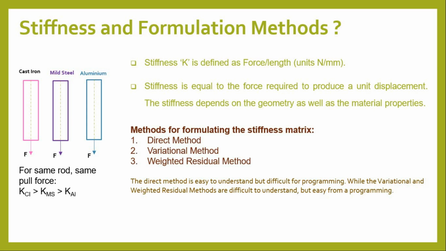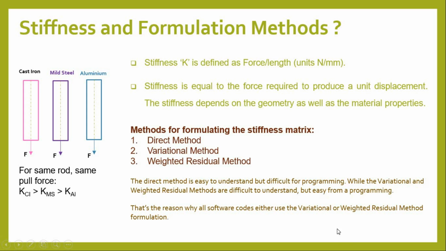So we need to think about which method is more suited. The reason is that all software codes use either the variational or weighted residual method formulations. The limitation of the direct method is that it is easy to understand but difficult to program, but software does most of the programming. That's why the variational or weighted residual methods are most widely used by software codes.